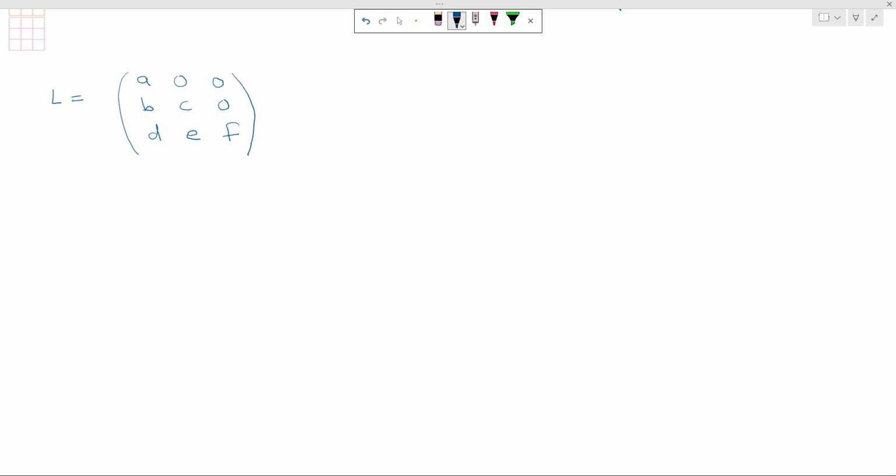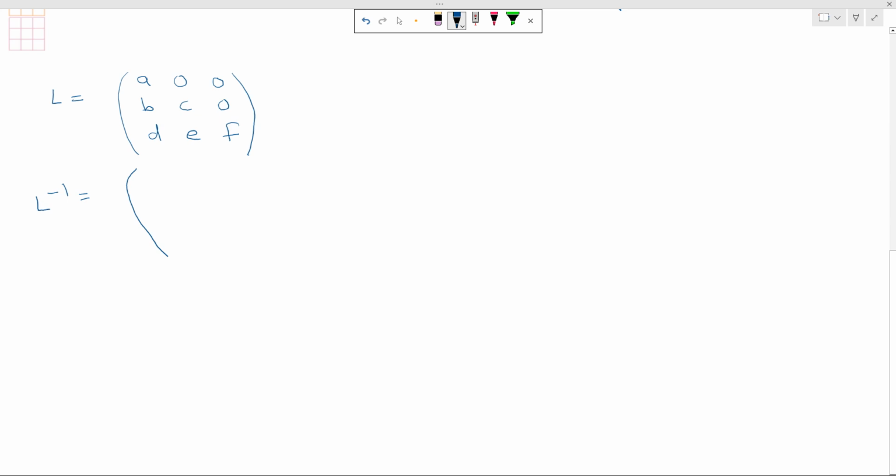You can go ahead using the traditional way of finding the inverse. Otherwise, you can use this shortcut. I will tell you how you can easily find the answer in one line, in this case the inverse L inverse.